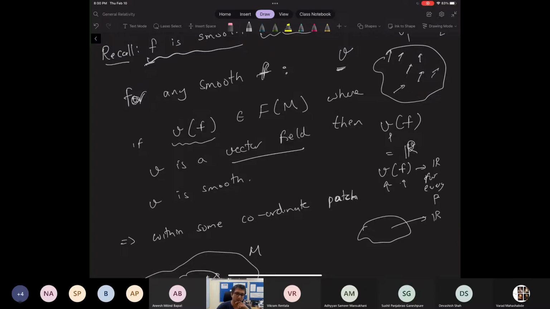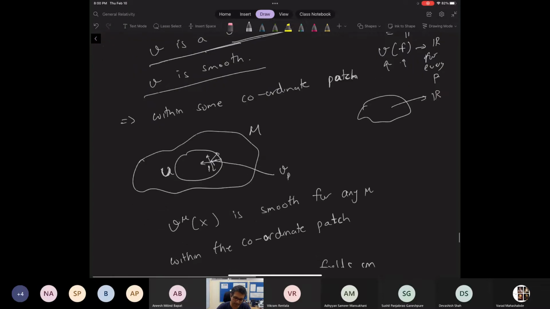So now V of f is a function, and if f is a smooth function and V acting on f is a smooth function, then we say that V is a smooth vector field. Nakahara defines vector fields as only smooth vector fields and doesn't talk about other kinds of vector fields. So if V of f is a smooth function, then you say that V is a smooth vector field.